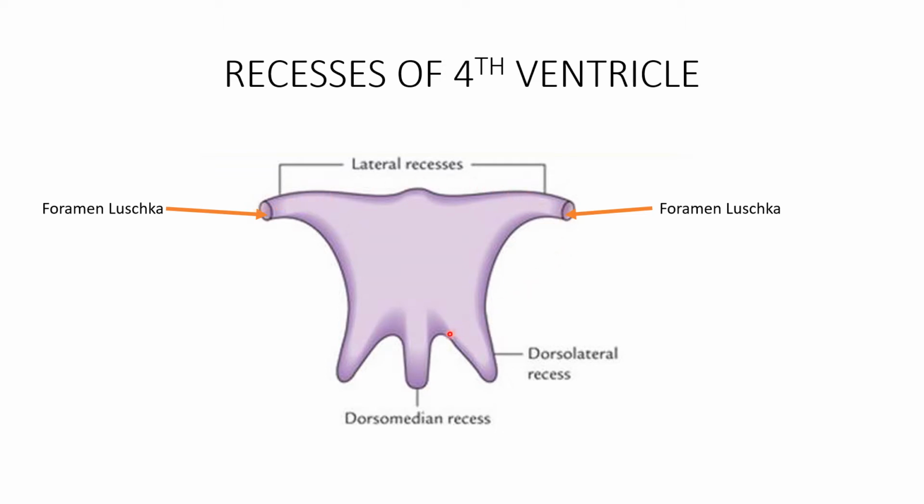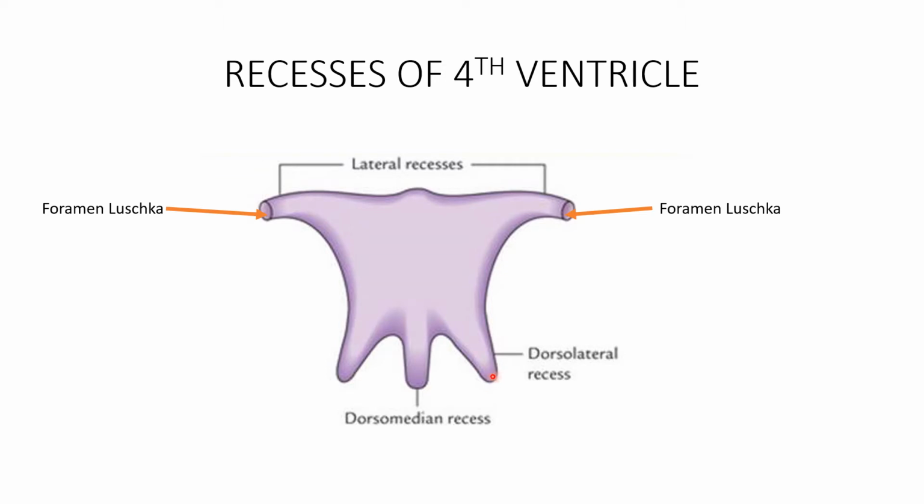Now another recess, you can see this is the one medial dorsal recess. Here you can see this medial dorsal recess extends into the white core of the cerebellum, lying just above the nodule. Now another recess, you can see these are the two lateral dorsal recesses.